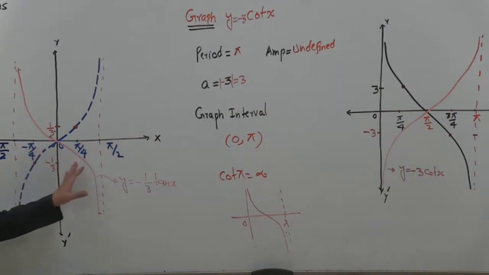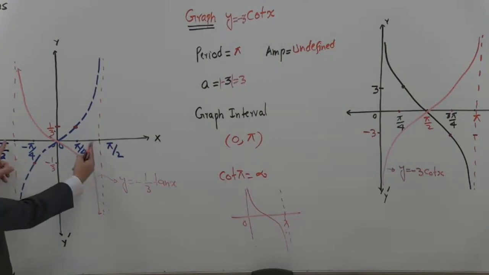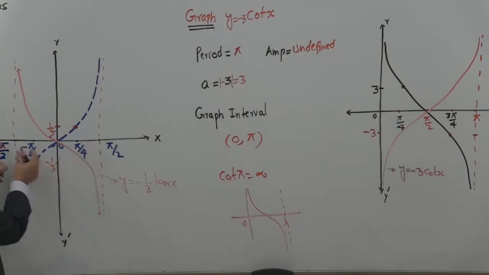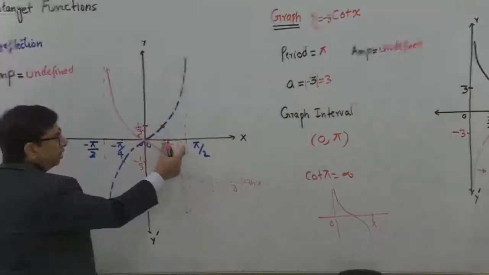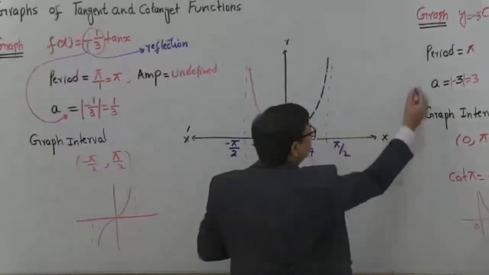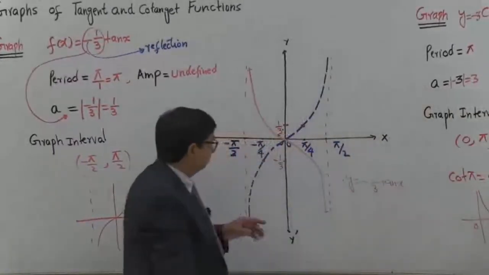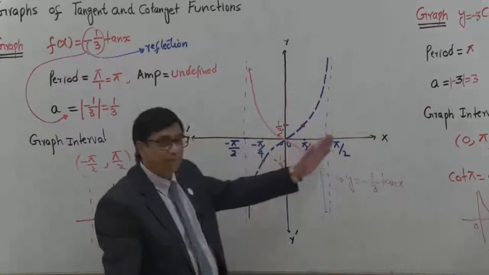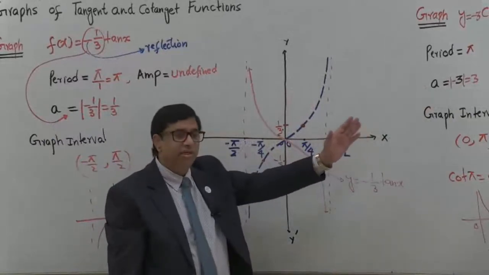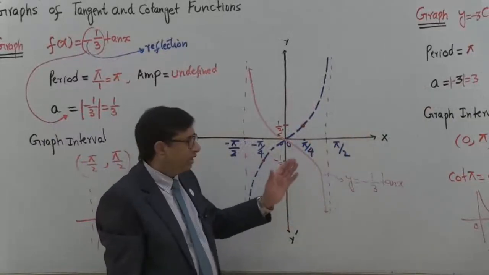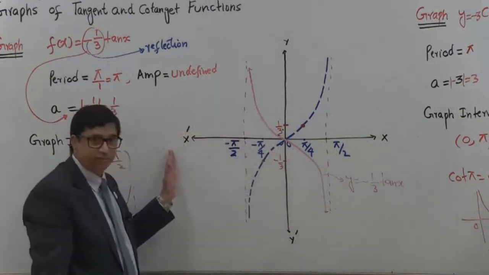Because this is for one period, you can extend it for many periods. This is one period, pi. 1, 2, 3, 4. So you can extend over here and you can draw another graph of this one, because there are unlimited number of graphs which we can draw on both sides.